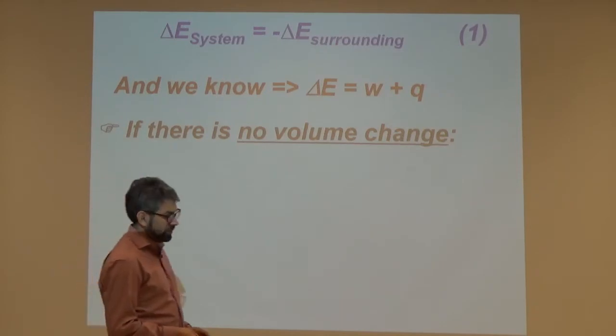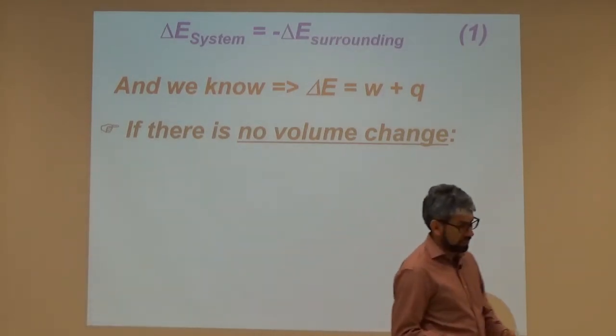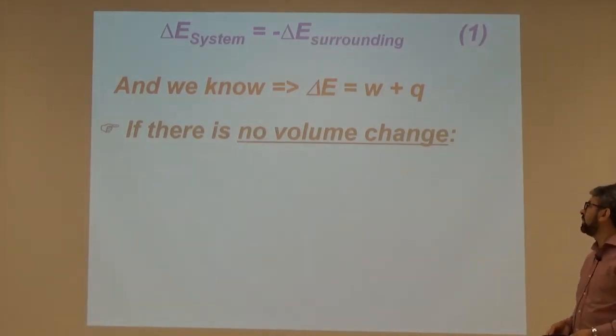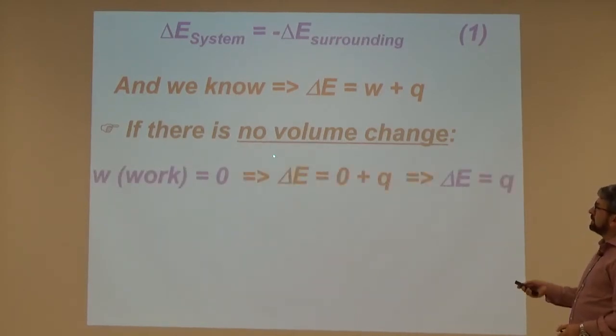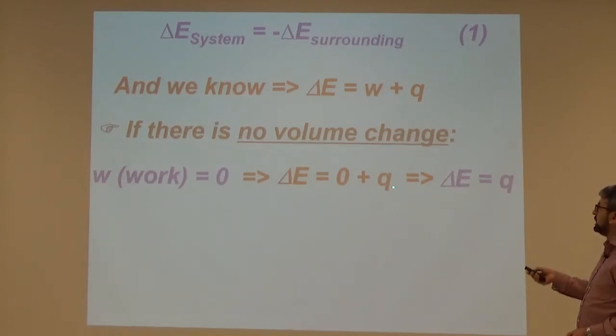If delta V is equal to 0, then work is going to be 0. So I'm going to say delta E is equal to 0 plus Q, which is the heat. So I get delta E equal to Q.